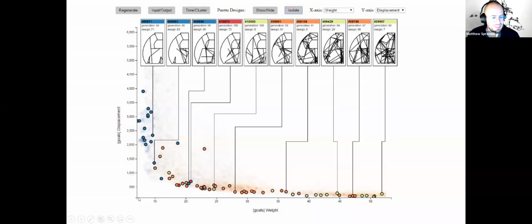And then here you can see that there are lighter options, but the displacement is very high. So there's a nice mix somewhere in the middle. And so this is where generative design can help you find options that are high performing and are maybe unique in the way that they are solving it.